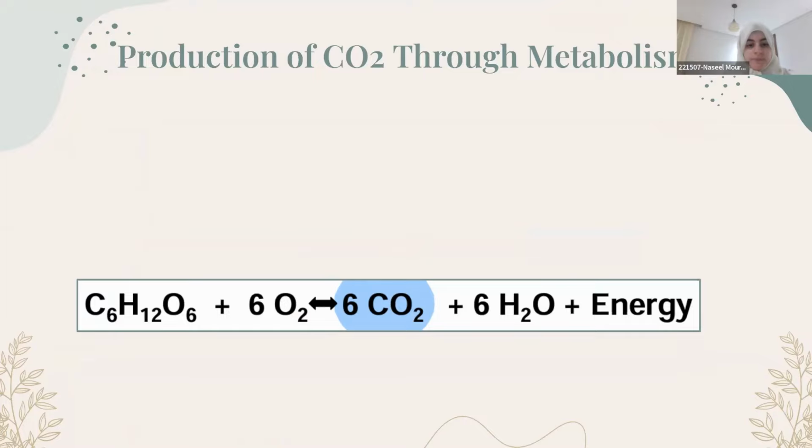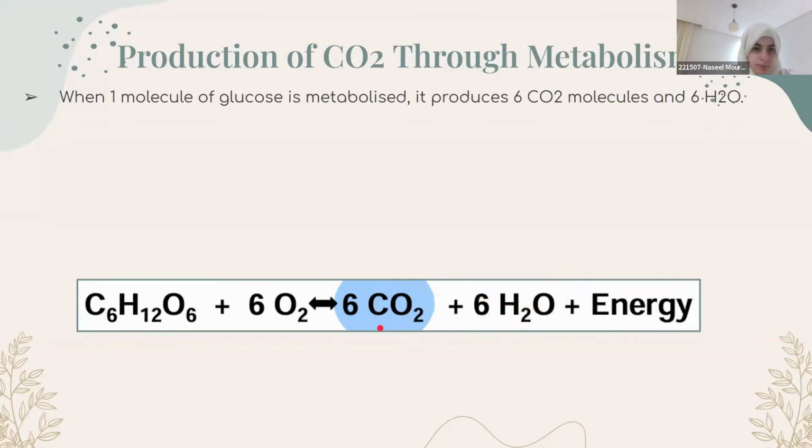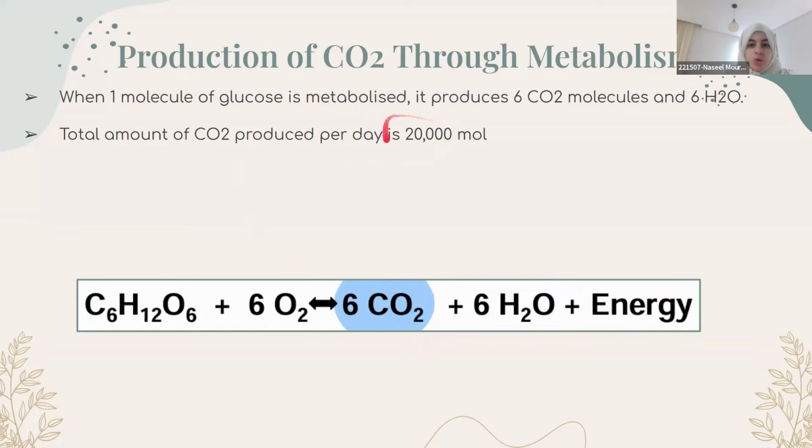But how do we do that? You have this molecule, C6H12O6. This is glucose. Now when glucose reacts with oxygen, it produces carbon dioxide and water and obviously ADP. But that's not our point. Our point is the CO2. Now, the total amount of CO2 produced in our bodies is 20,000 moles per day.